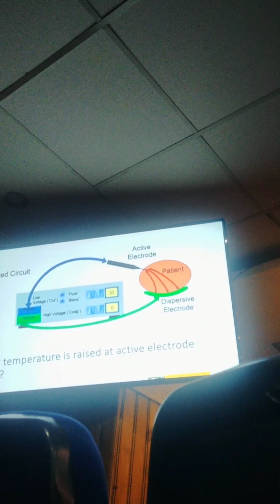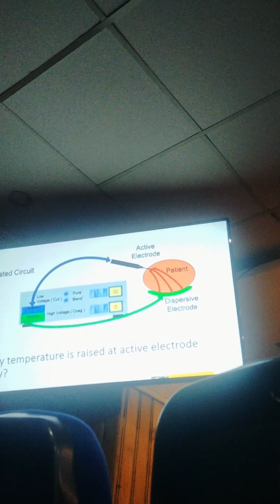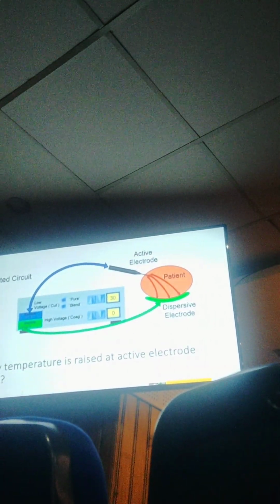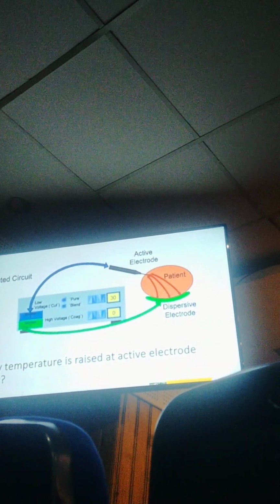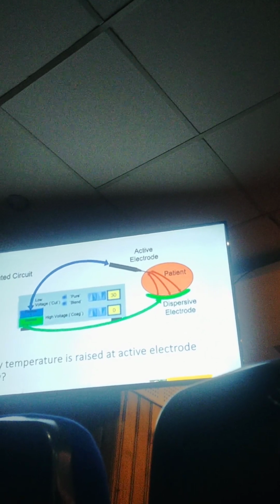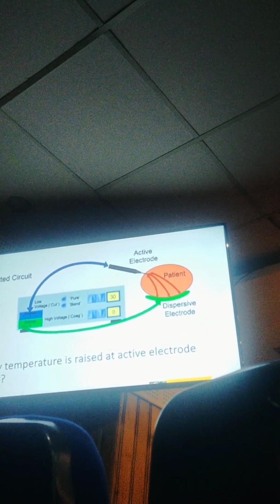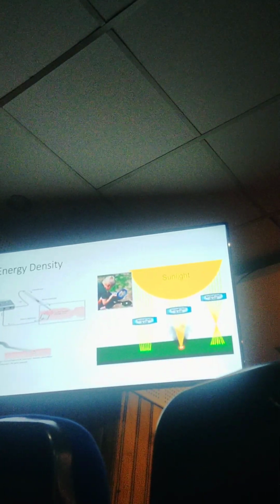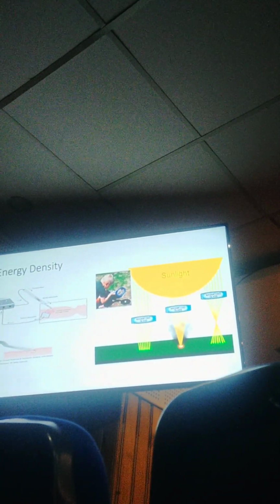Now we know that current is flowing through both the dispersive electrode and the active electrode. So why do we get the desired effect only in our handheld device, not at the dispersive electrode? This is similar to this experiment. It's a matter of energy density.